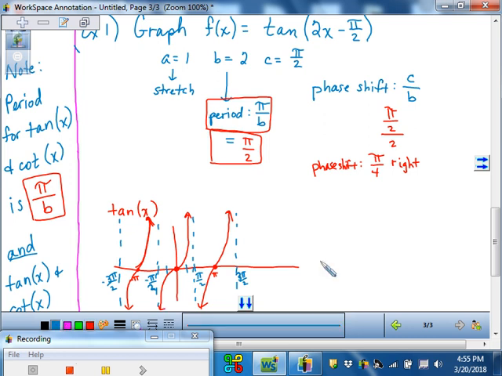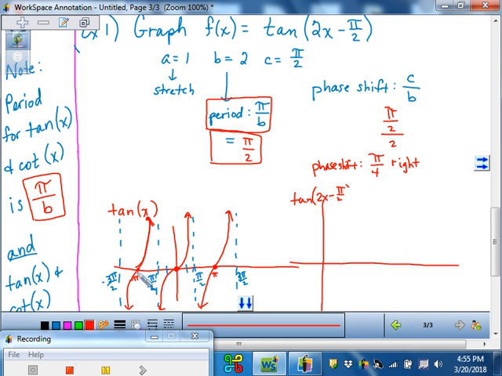So now when I graph the transformation, we're having a phase shift of pi over 4 to the right. So this is my graph where tangent of 2x minus pi over 2 has a period of pi over 2, and has a phase shift of pi over 4 to the right.